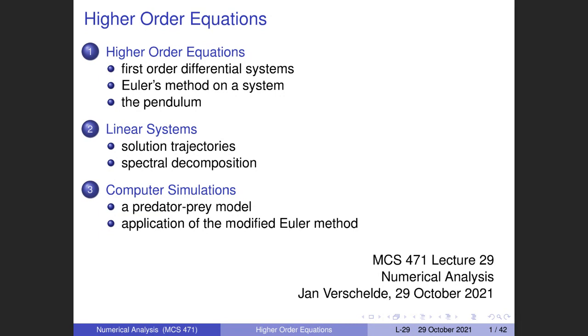We will consider two main applications, or I would call them benchmark problems: the swinging pendulum and a very simple model of a predator-prey simulation. The main part is to show the application of the modified Euler method, a method that we derived last time.